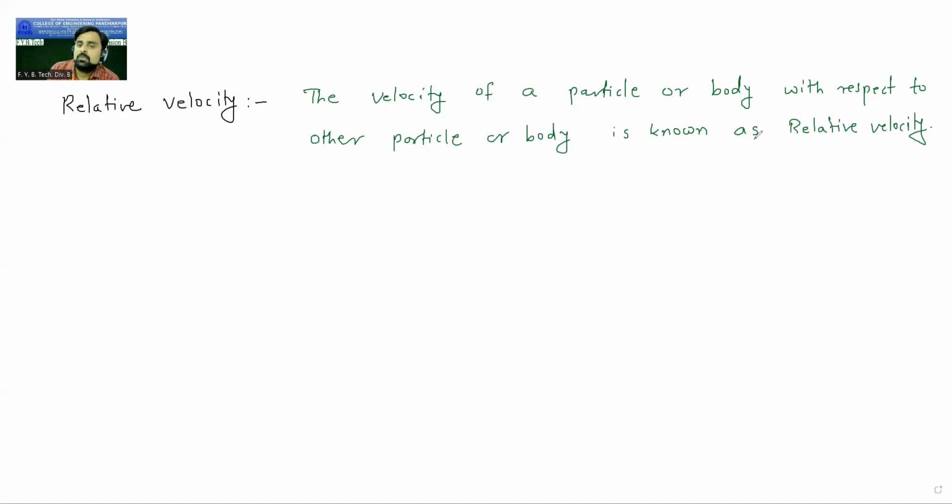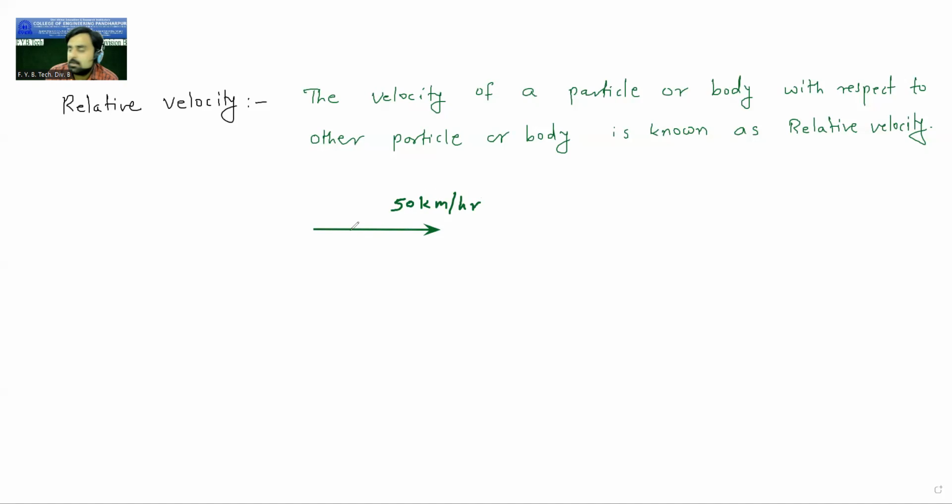Okay. So to understand this relative velocity, imagine that you are traveling in a bus. The bus is moving forward with a velocity of 50 km per hour.